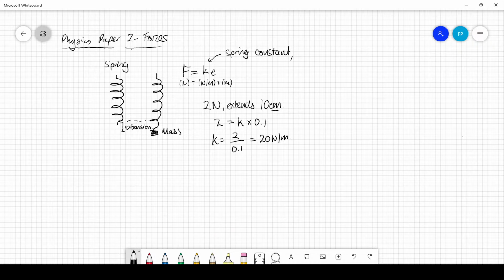You might be asked to do a practical on this as well. In this case, you'd first measure the length of the spring with no mass.